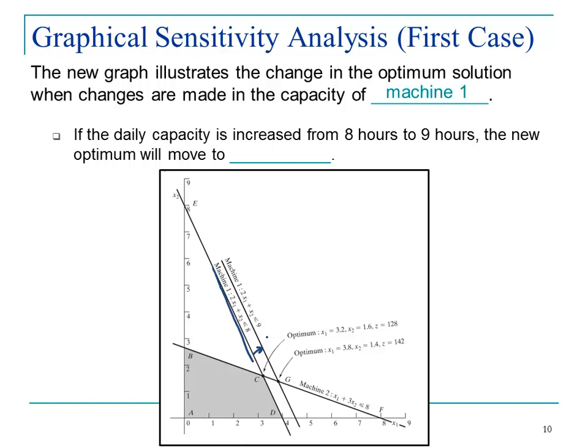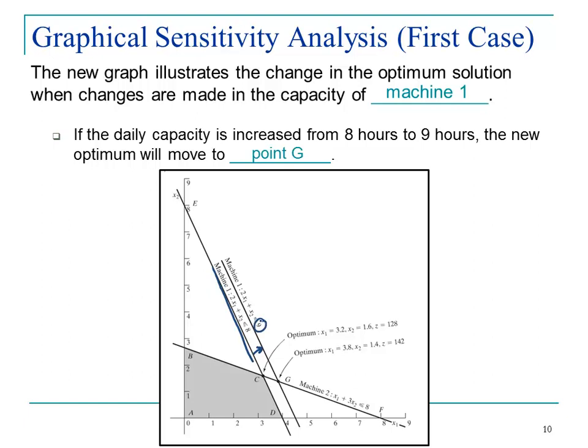If the daily capacity is increased from 8 hours to 9 hours, the new optimum will move to this point here, G. Okay, so what will happen is the following. We are adding an extra hour of capacity. So instead of being less than or equal to 8, now this constraint is less than or equal to 9.